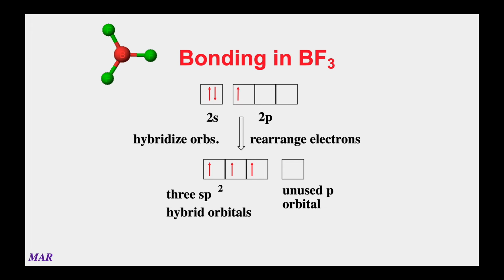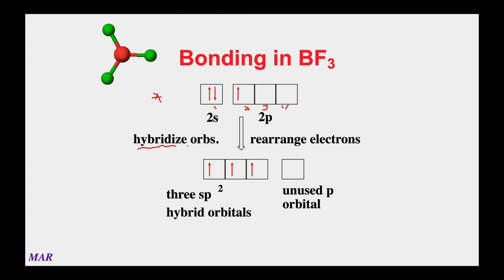So what Pauling said is you take this 2s2, 2p1, those 3 electrons in 4 orbitals, by the way, and again the 4 orbitals, 1, 2, 3, 4. You take those 3 electrons and you hybridize them, which means you essentially mix them together to a new energy state.